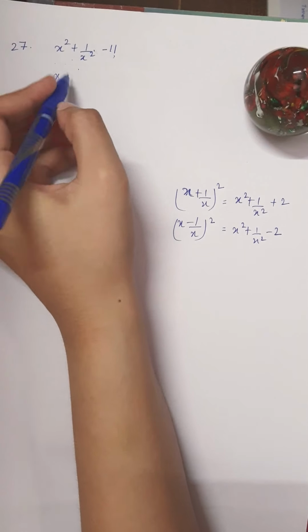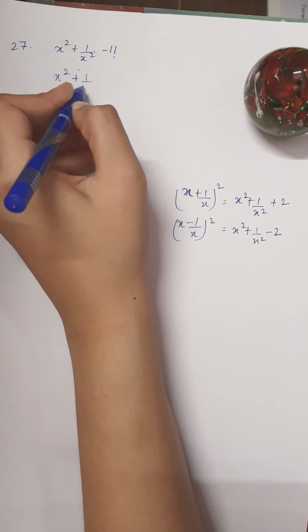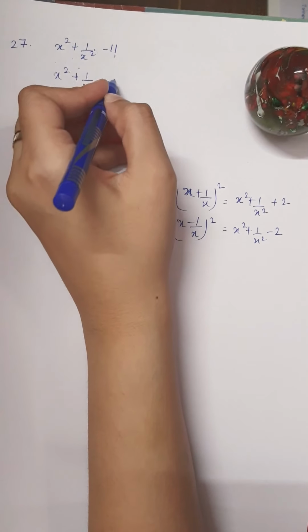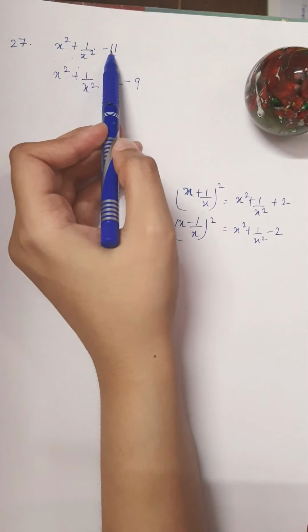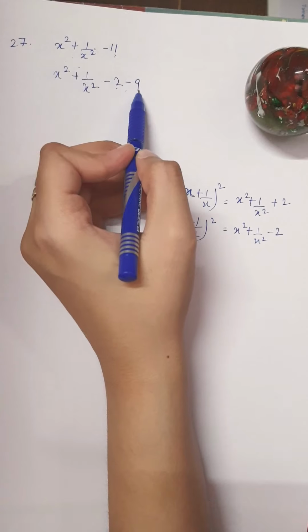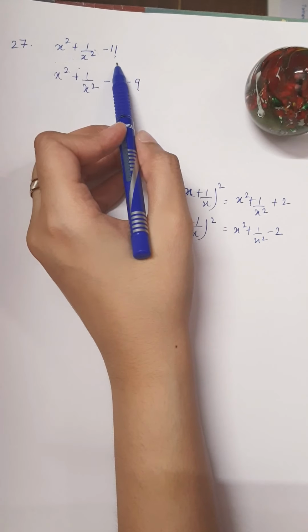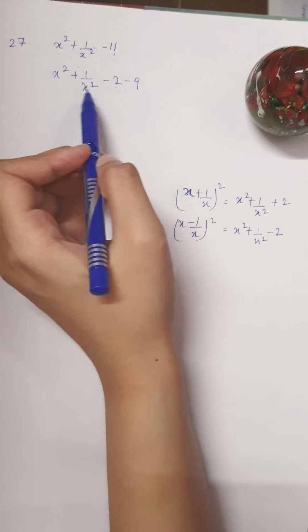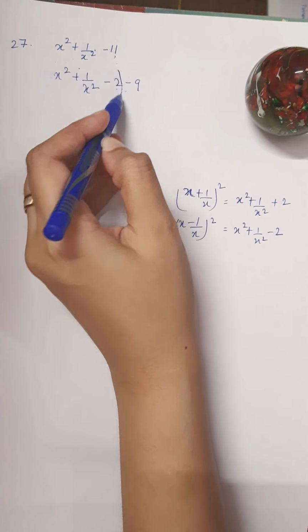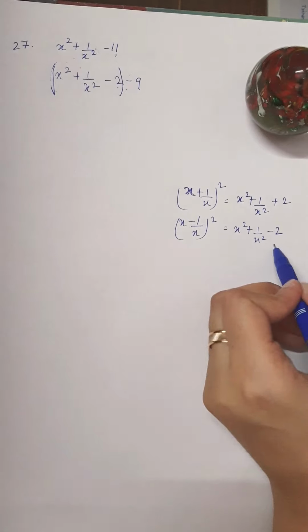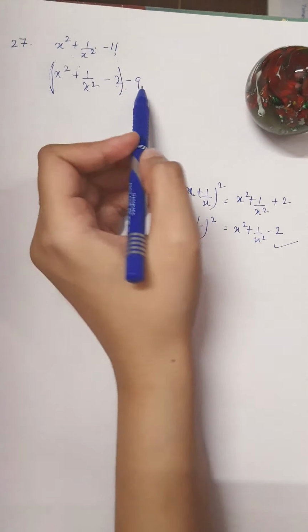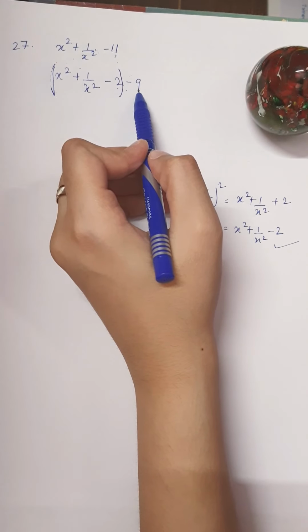So here it follows x square plus 1 by x square minus 2 minus 9. So ultimately the way I have broken down, minus 2 minus 9 is minus 11. So there is no change I have made in the question. Second thing, now this if I group together is a perfect square of this, and this is also a perfect square of 3.